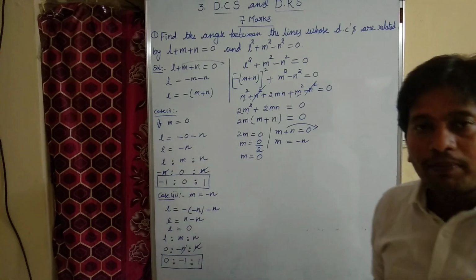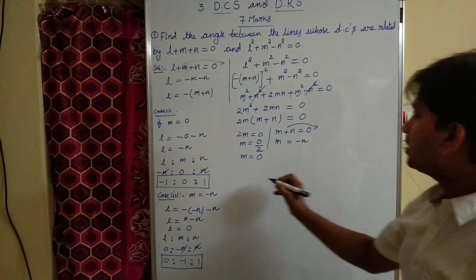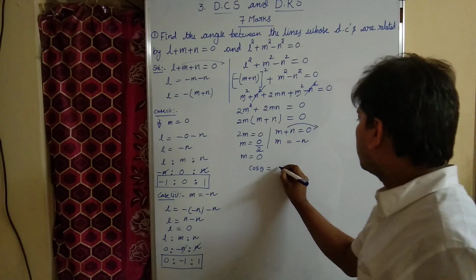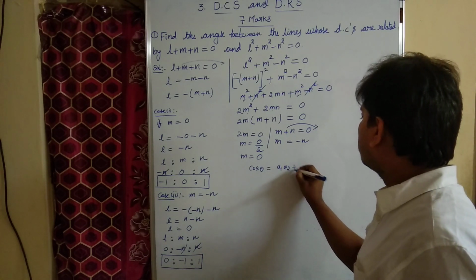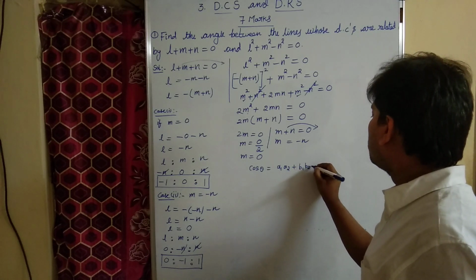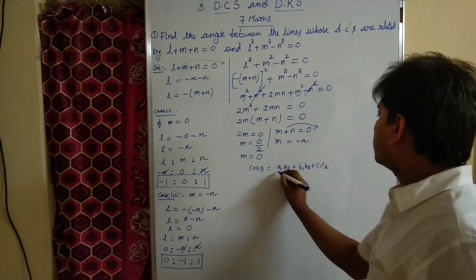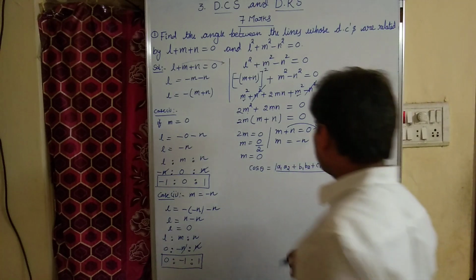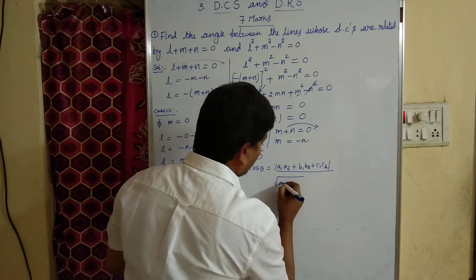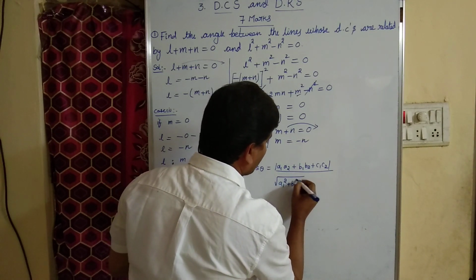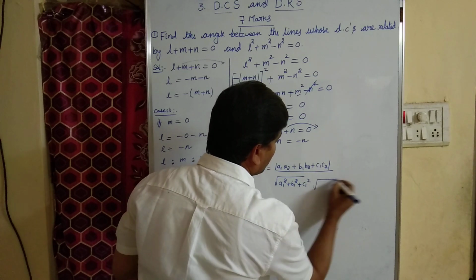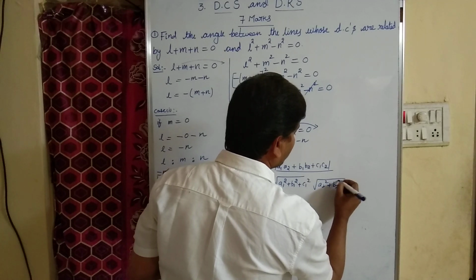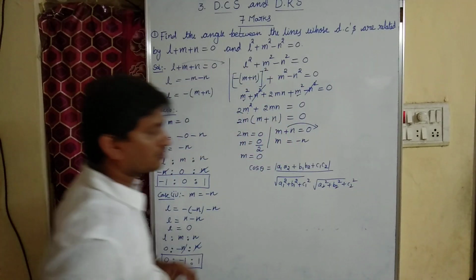Children, we have the formula for the angle between the two lines, that is cos theta is equal to A1 A2 plus B1 B2 plus C1 C2 divided by root over A1 square plus B1 square plus C1 square into root over A2 square plus B2 square plus C2 square.